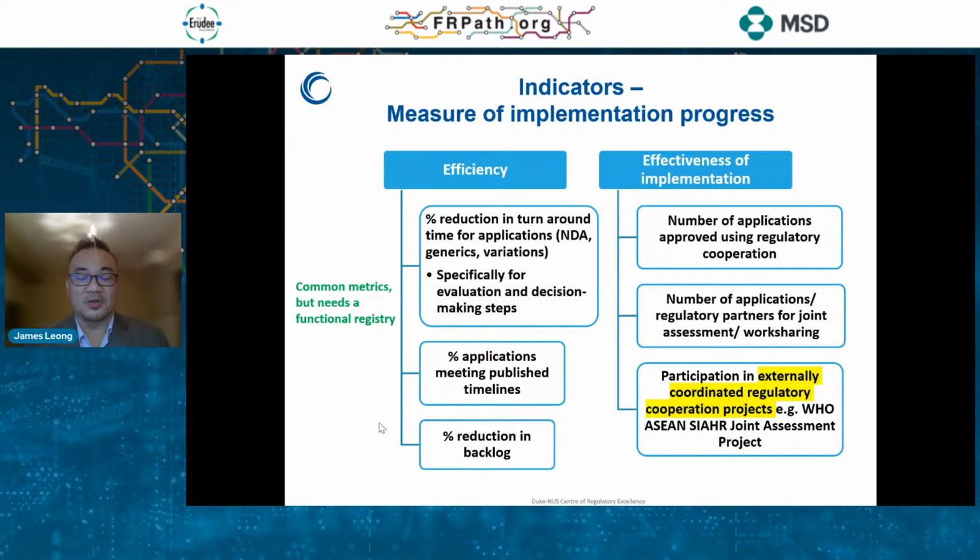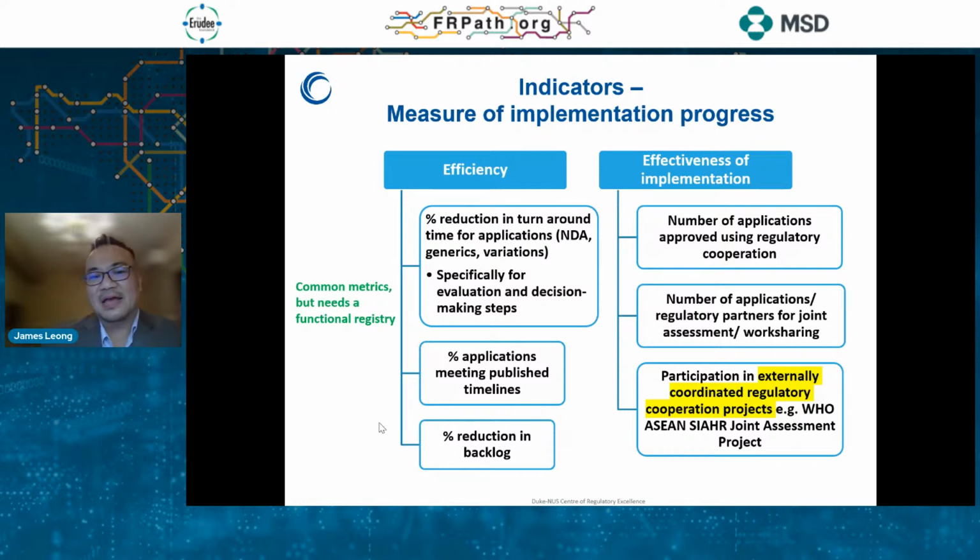Secondly, I must also say that none of this has been truly validated to be sensitive enough to pick up on the value of the reliance, on how it can be truly measured, and which one of these is most sensitive to measure that value itself. So it's quite a bit of work, but I would say the common metrics have good potential, and we just need further study on that.